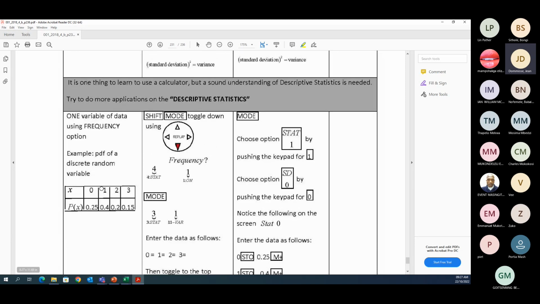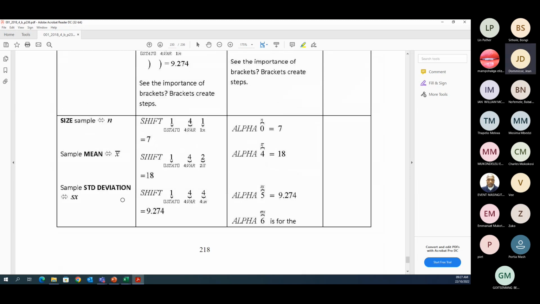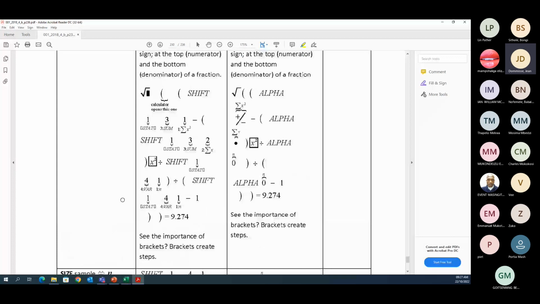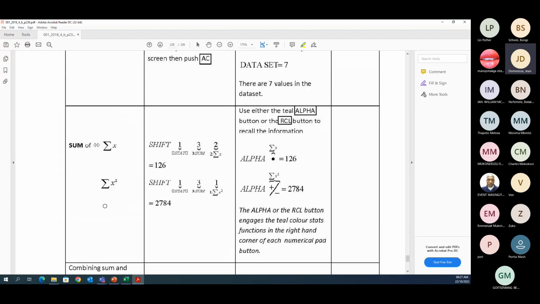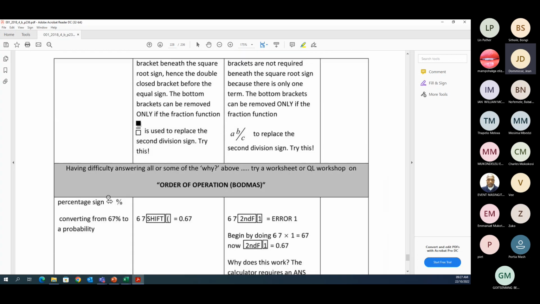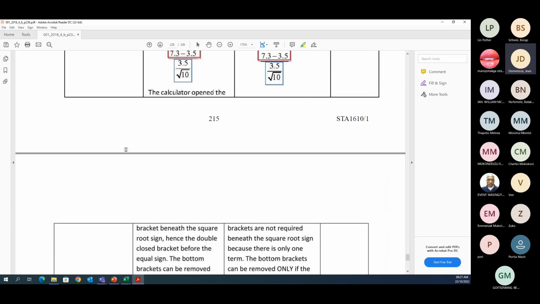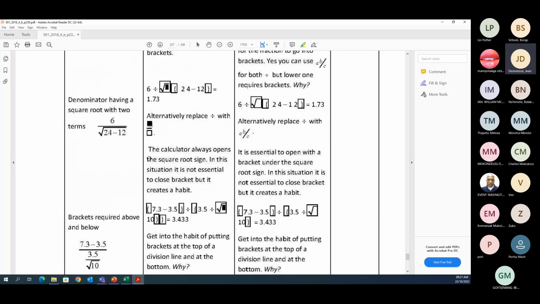You've even got it for the sample means for other distributions as well. That's why they don't have an issue with you using Excel, because the calculator would have been able to do the same thing.